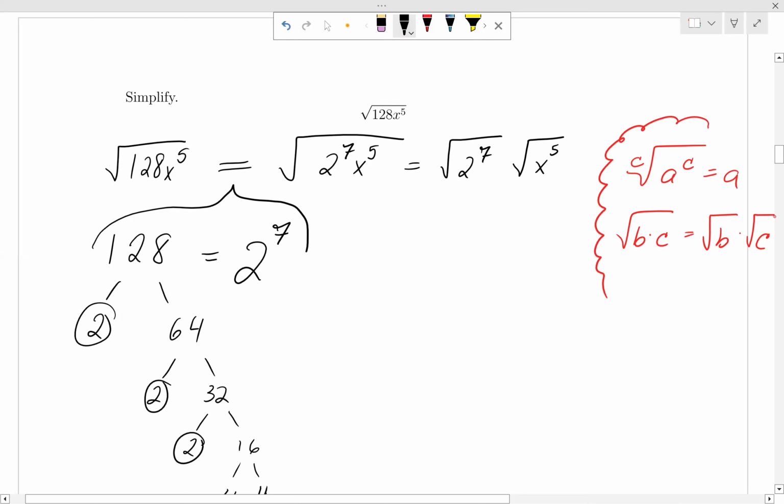Then from here, I can group these 2 to the seventh and x to the fifth in twos, because every time I have a squared term, it's going to cancel out with the square root. So I'm going to group this 2 to the seventh by powers of 2: 2 squared times 2 squared times 2 squared times 2 to the 1.